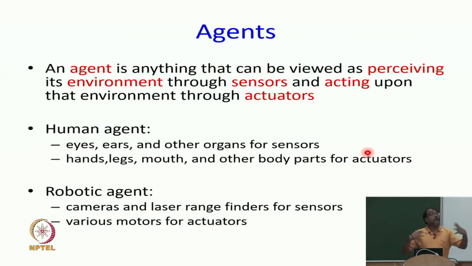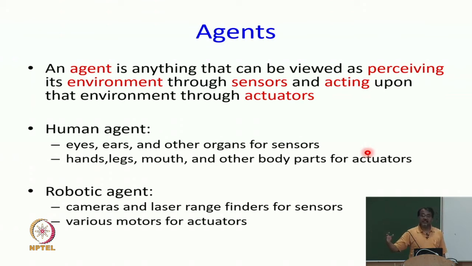If you think about humans, we are agents too in this world. What are our sensors? Sense organs: eyes, ears, skin, tongue, nose. And what are our actuators? How can we change the environment?